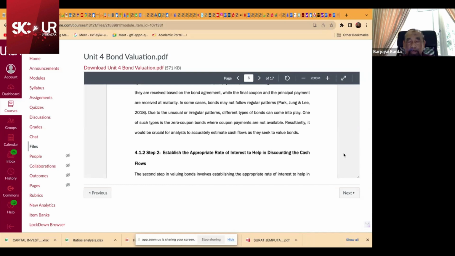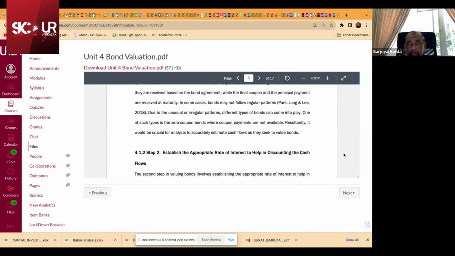For example, if the bond face value is 1 million, we may be buying it at 70%, so we only pay 700,000.